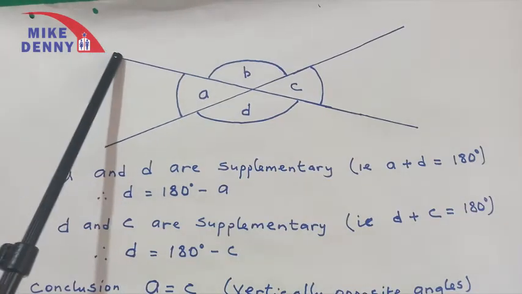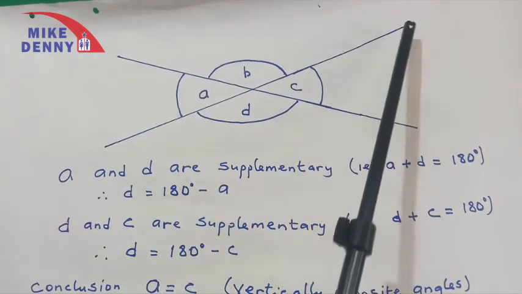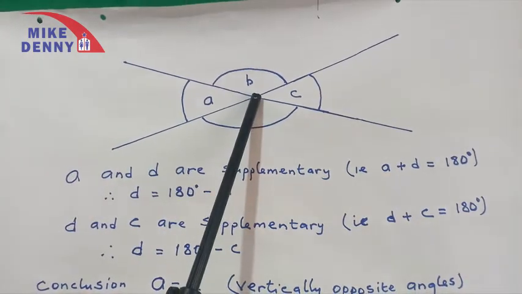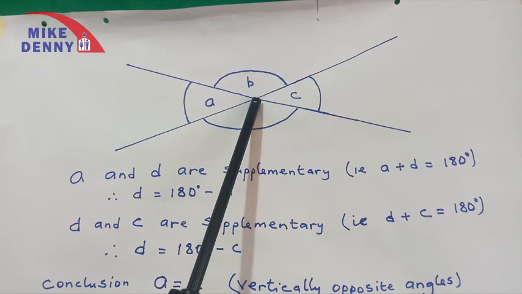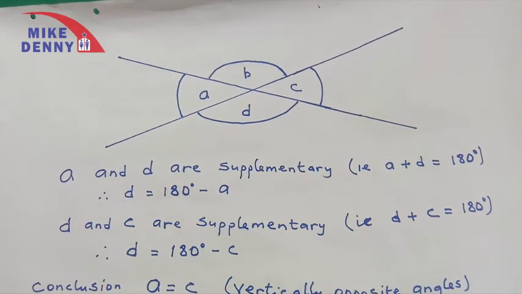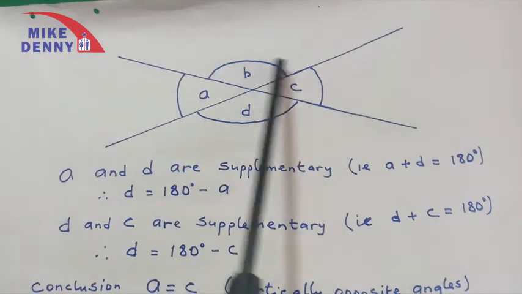We have 2 straight lines here meeting at the point that the pointer is on. And we have said when 2 lines meet, they will form 4 angles that all add up to 360 degrees, because they will go around a revolution.